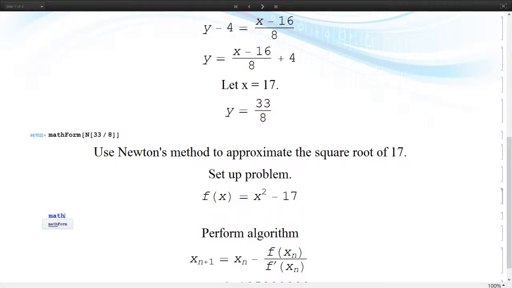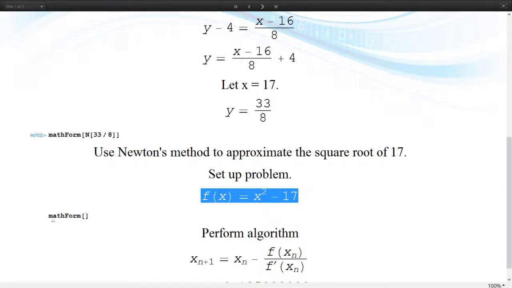Once we've set up our problem, we have this f of x, and we need to find its derivative. So f prime of x is equal to 2x.